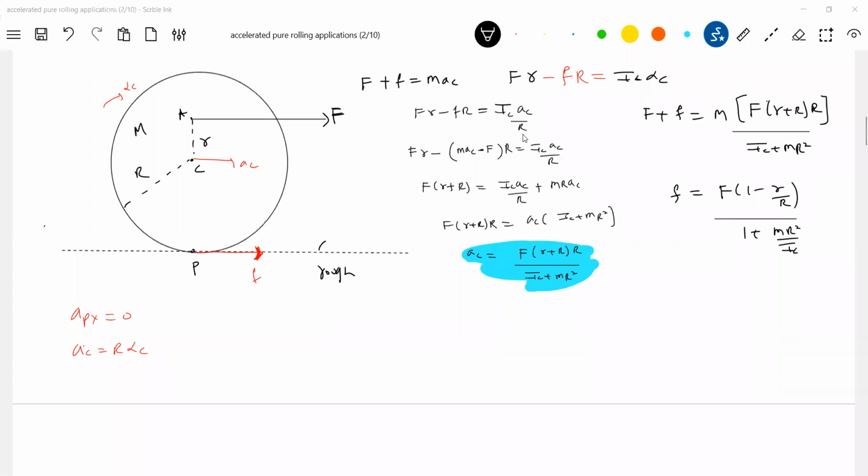Without solving, how do you say it is correct? You have to solve, no?